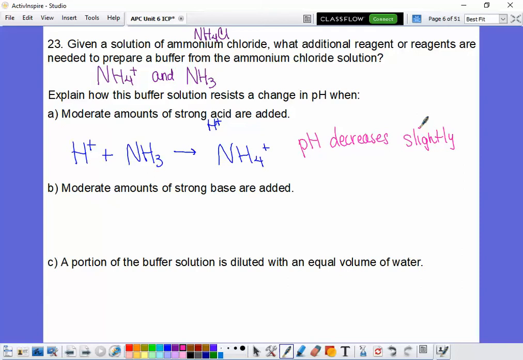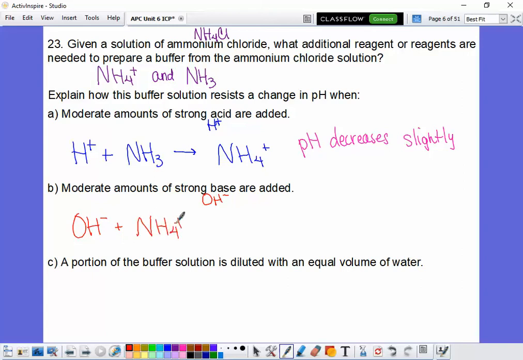Now, for the next scenario, we're adding strong base. What part of a strong base do we care about? OH minus. So we can just say OH minus. So this time, what's invading my buffer is hydroxide. Which part of my buffer is going to react with hydroxide? NH4 plus.